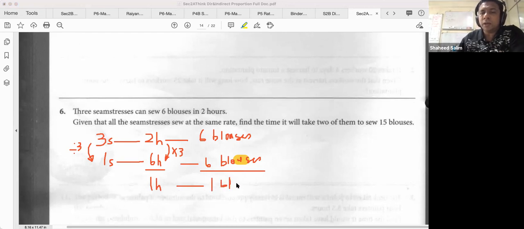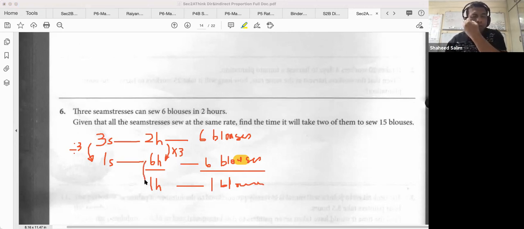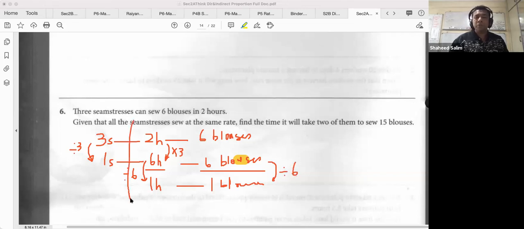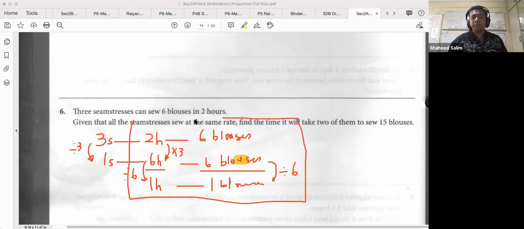Now I'm a little bit confused. Down here, between the time and the blouse is direct. The less time you spend, the fewer blouses, so you divide by 6, you also have to divide. So down here is direct proportion.